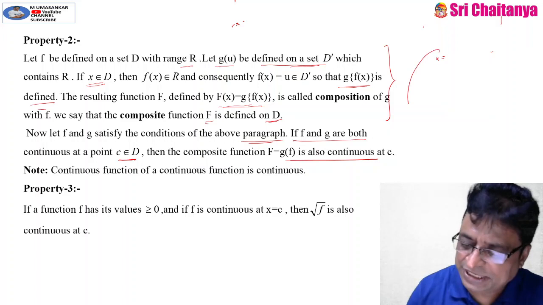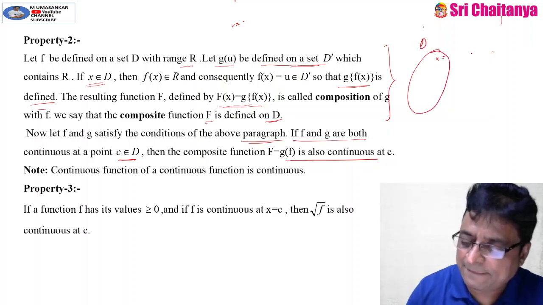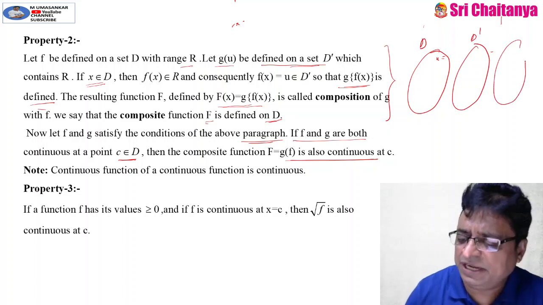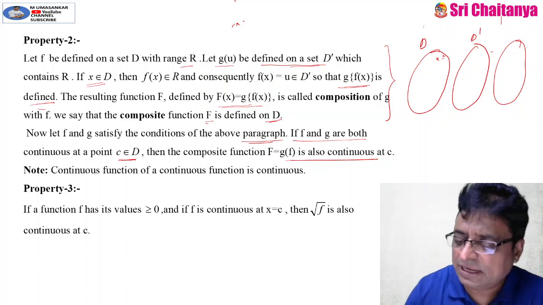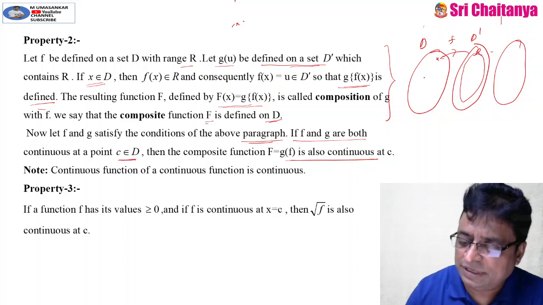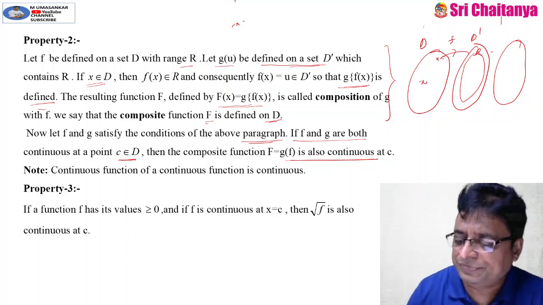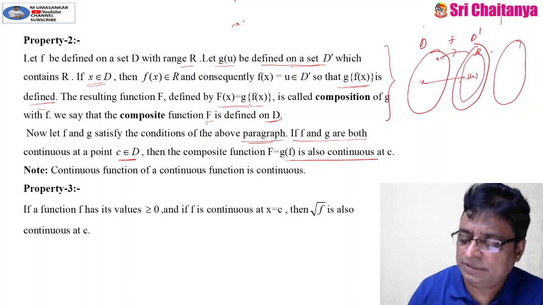So suppose this is D and this is D dash, and if there is some other set, I am least bothered about that set. This is the function f defined from D to D dash, and this is the range of f. If x is here, automatically the image f of x is here; let it be u.